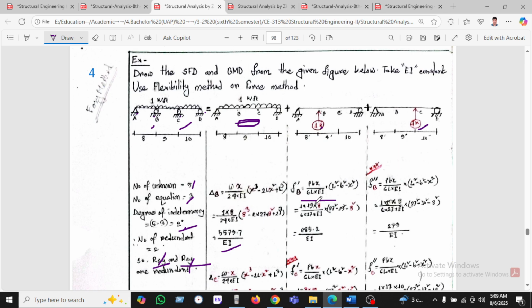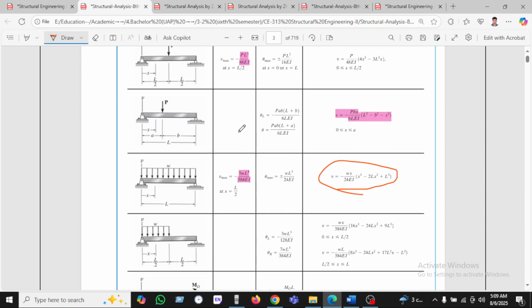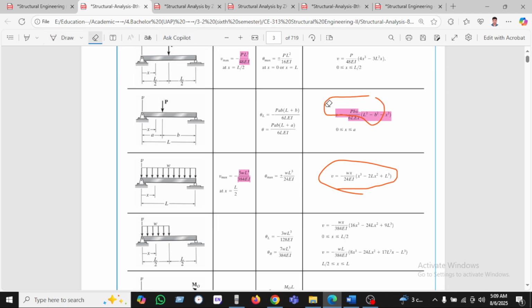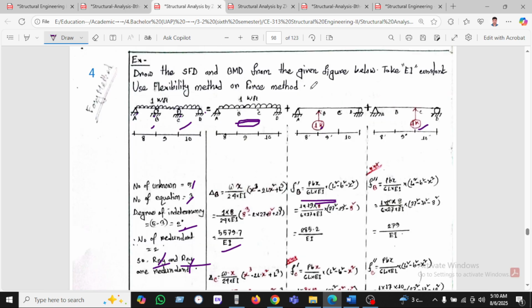And in this way we have also been using this formula, P b over 6 L EI, L squared minus b squared minus x squared, and finding this value and this value as it is.